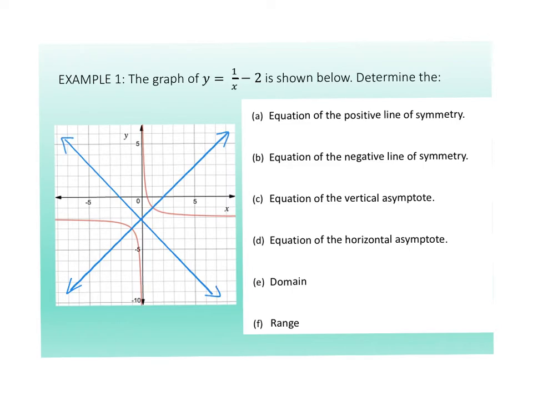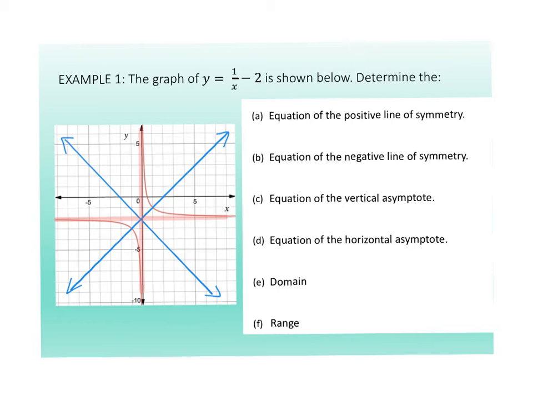Alright, and then what about the asymptote? So this would be the asymptote, vertical and horizontal asymptote. Now, this is done.